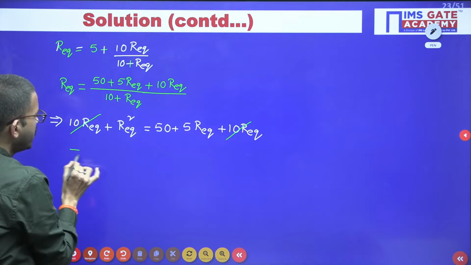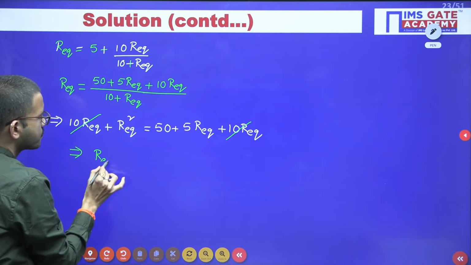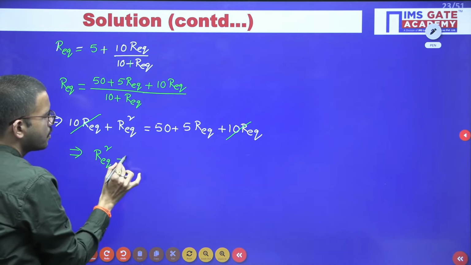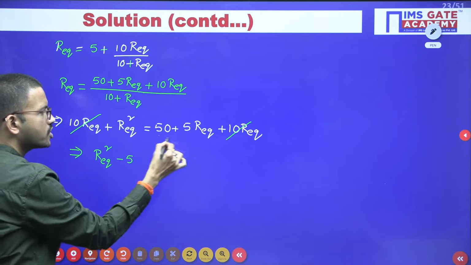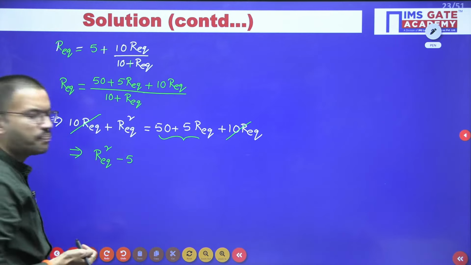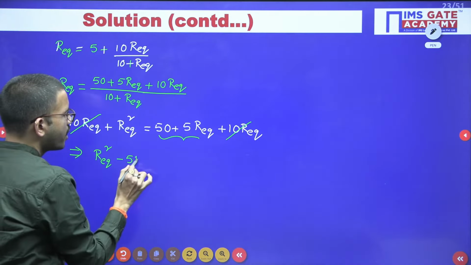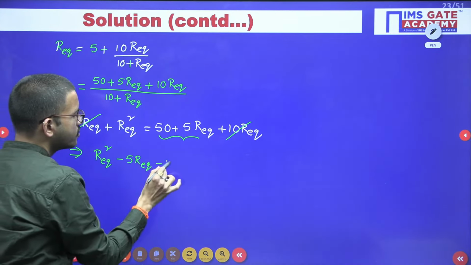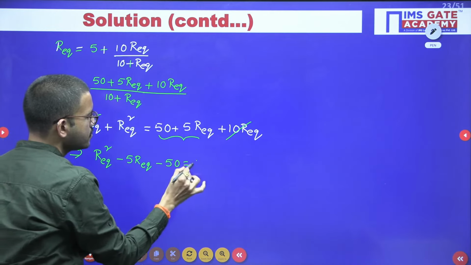So from here we are getting one quadratic equation, R equivalent square minus, okay, I am bringing these two terms to the right hand side, it will become negative. R equivalent square minus 5 times R equivalent minus 50 is equal to 0.